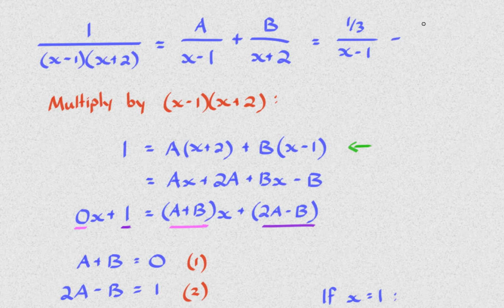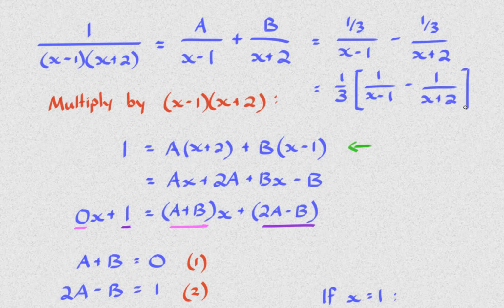So I might put a minus here. And so simplifying this a little bit by dragging out 1/3 as a common factor, we can express our original fraction as two simpler partial fractions. And both of these we can integrate. So let's go ahead and integrate this guy.